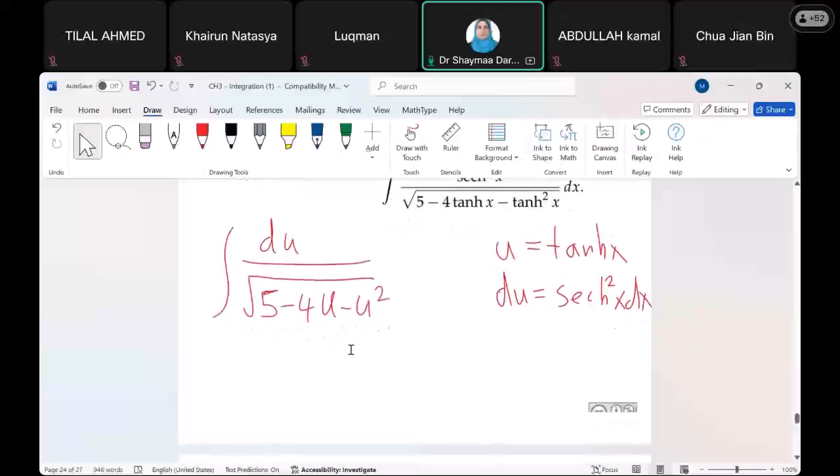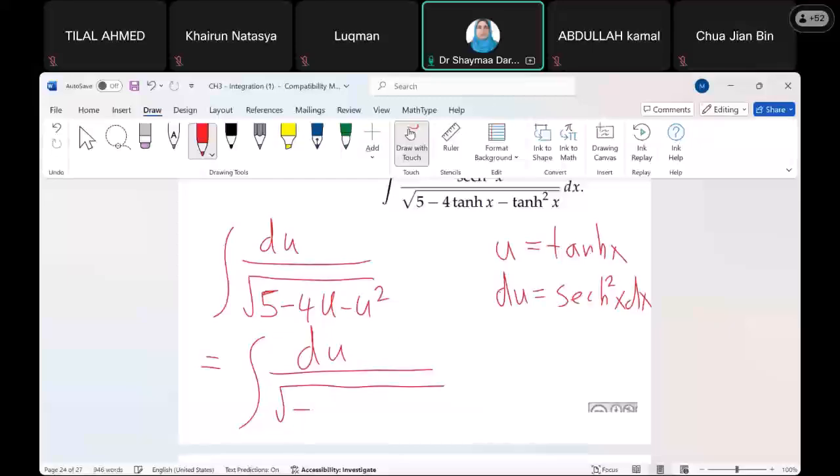So now I have to complete the square, but before completing the square, I need to be sure u square is positive, not negative. So this is equal to the integration of du over, take minus outside, so you have u square plus 4u minus 5.